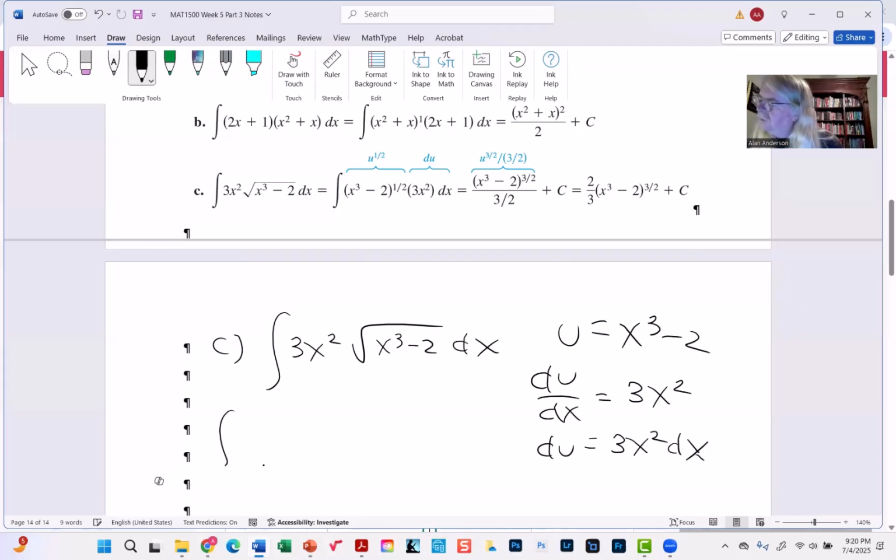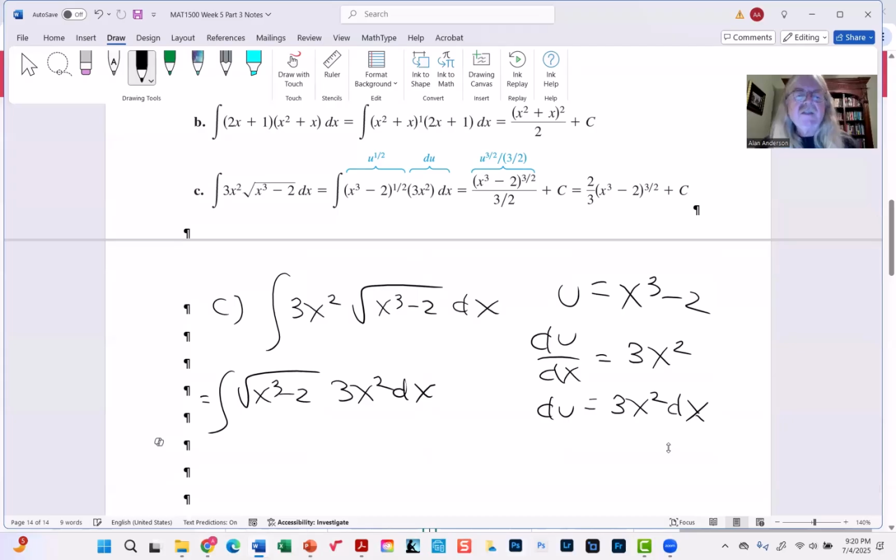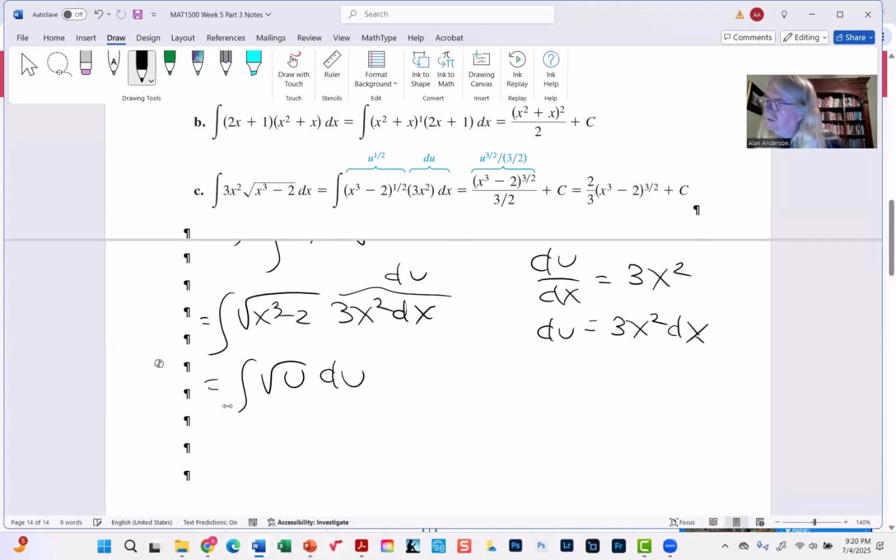So we'll rewrite this slightly. And that's going to leave us with, and of course we can rewrite that as u to the 1/2, which is what it is.